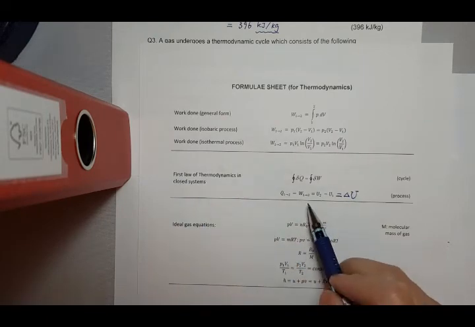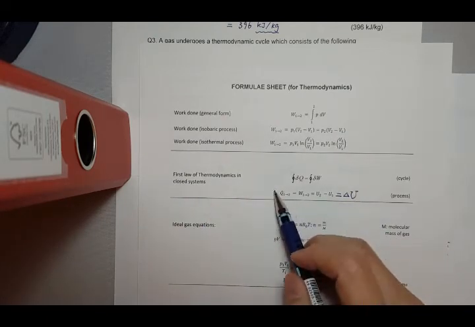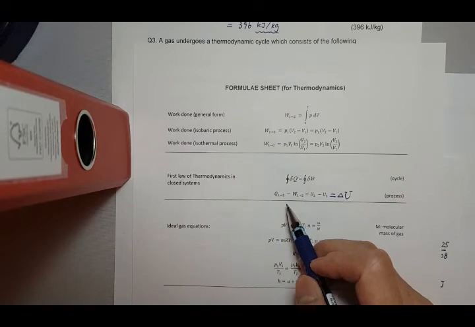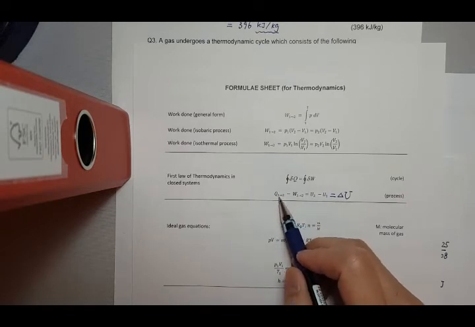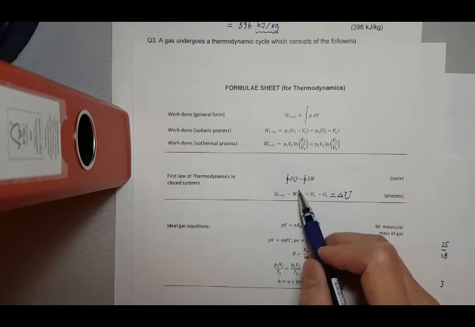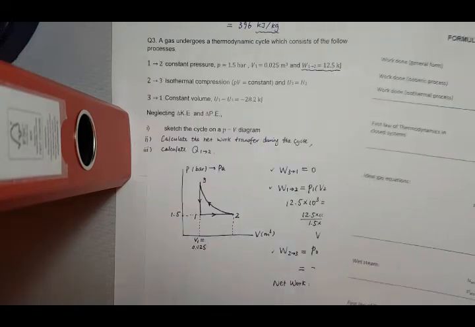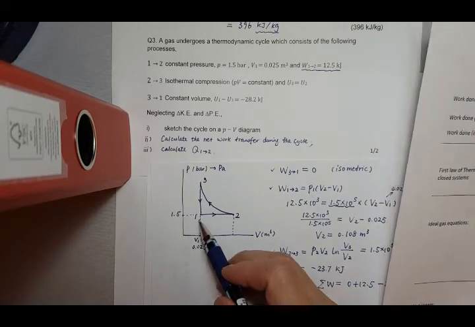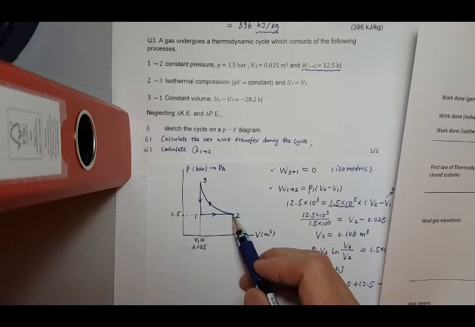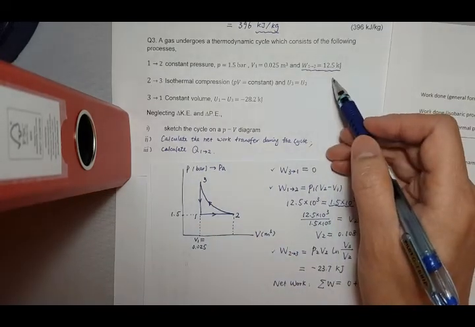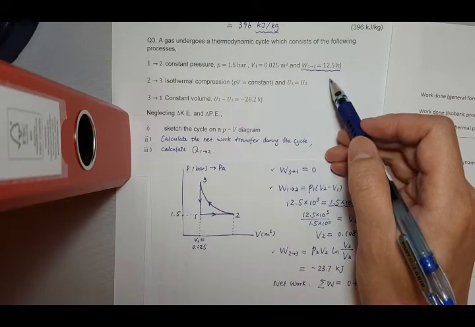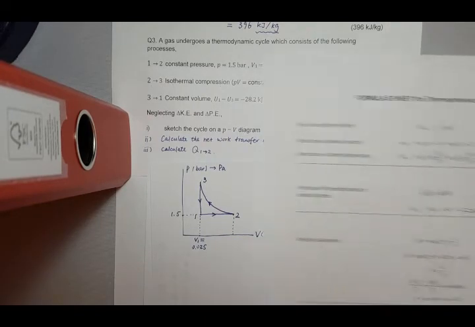From this equation you can see that we have a relationship between Q, the heat transfer, the work transfer, and the change in U. For the process of 1 to 2, the work transfer has been given here, so we need to calculate the heat transfer. So we're going to use that equation.